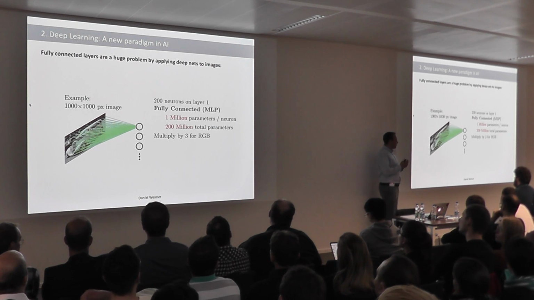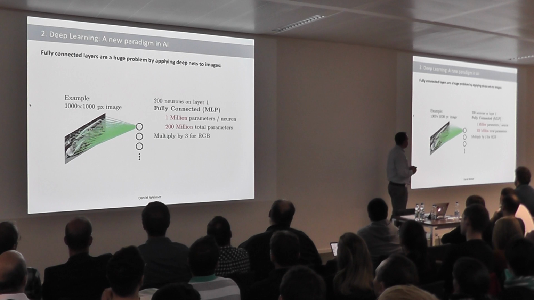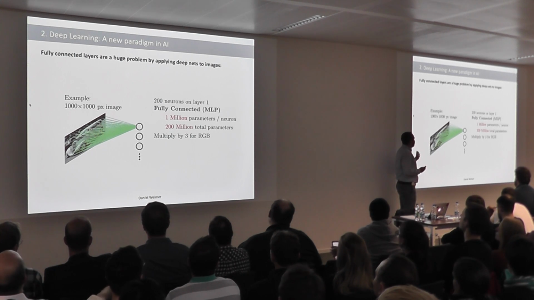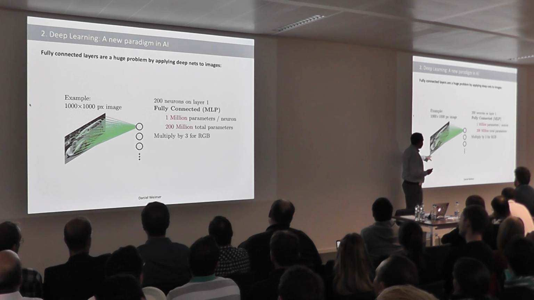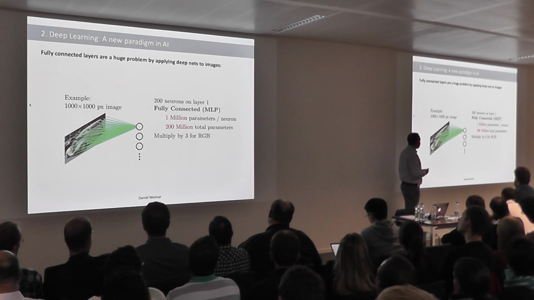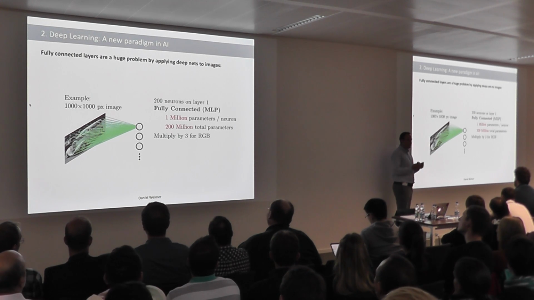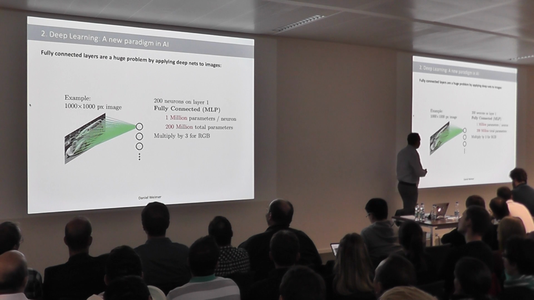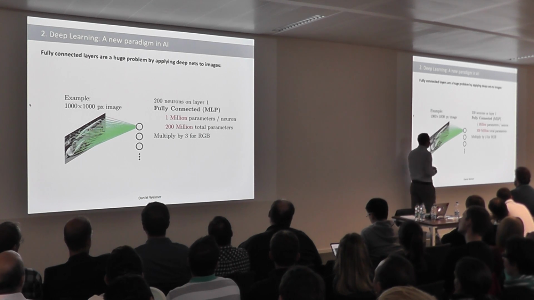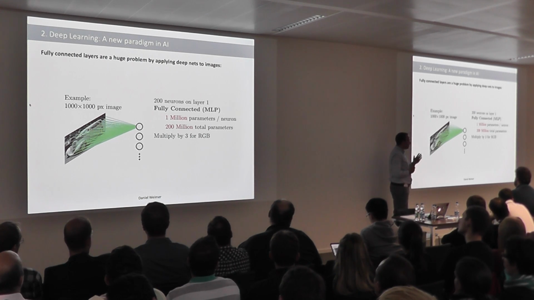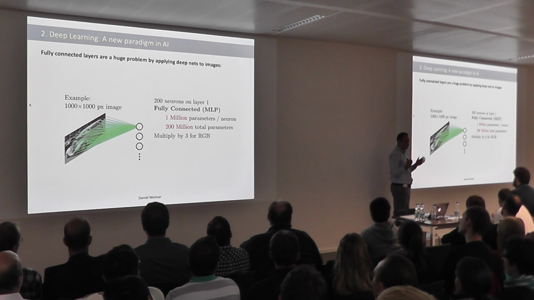Each neuron is connected with each pixel in this case. And this is a problem because, say, we have an image of 1,000 by 1,000, and we have 200 neurons, which is not so much. We have 200 million weights, 200 million parameters in the first layer we have to optimize. This is definitely too much.